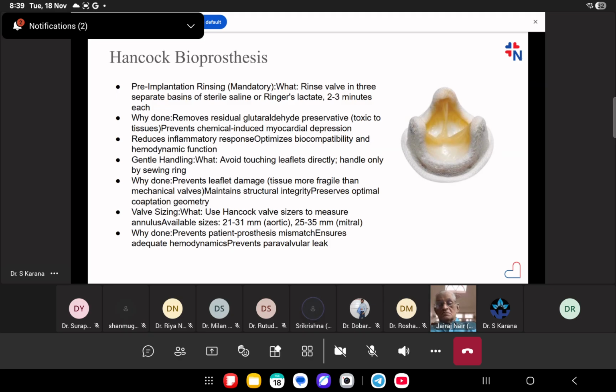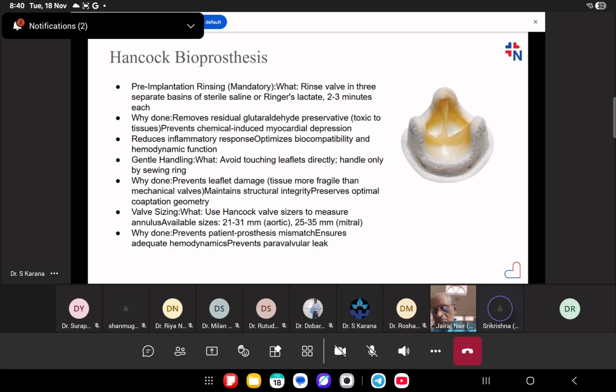Suturing technique is similar, but when you're tying, you have to be very careful that you don't damage the leaflets on the bioprosthesis, as you're pushing your finger down to tighten the knots. Yes, sir. And in a mechanical valve, they can get caught with the leaflet and other things. So if it is long, you have to be very careful.